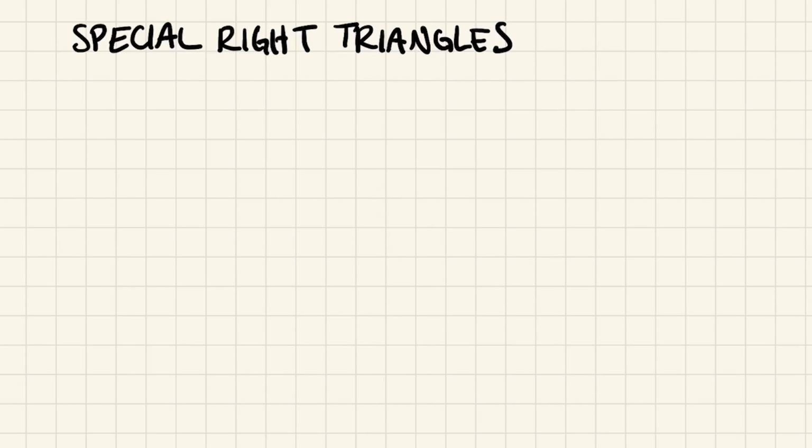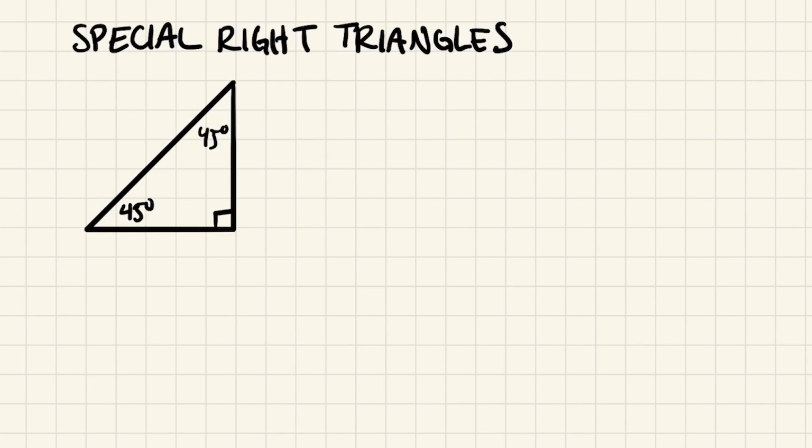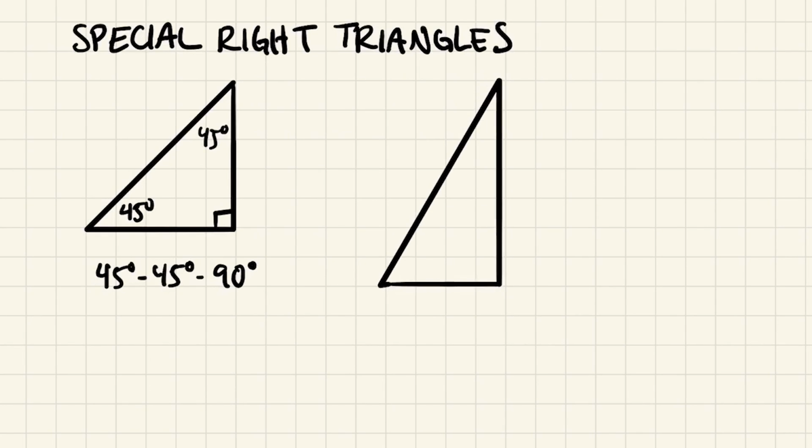We are now going to look at two very special right triangles. The first one is the 45 degree, 45 degree, 90 triangle. And the other one is the 30, 60, 90 triangle. When you draw the 30, 60, make sure the 30 goes in the narrow angle slot and the 60 goes in the larger angle slot, of course.